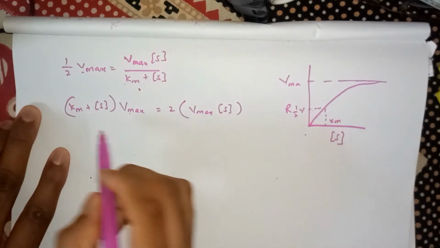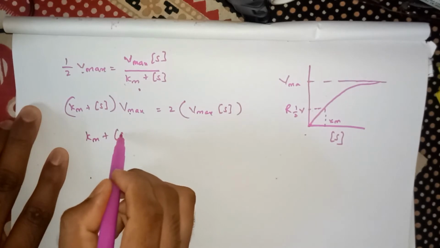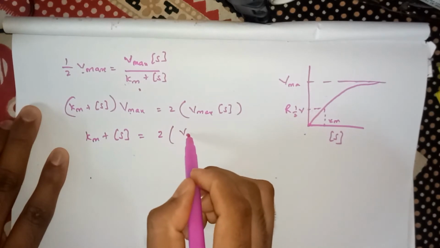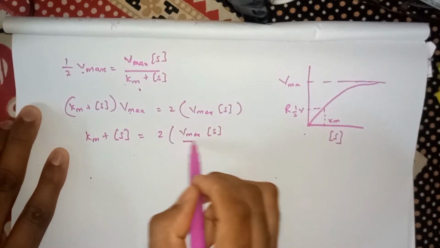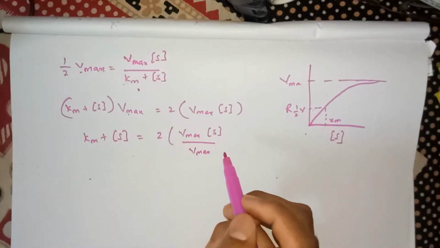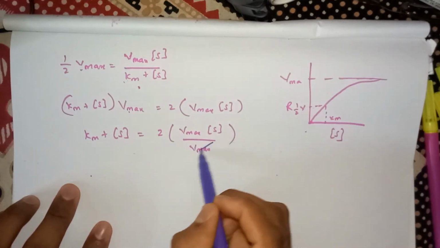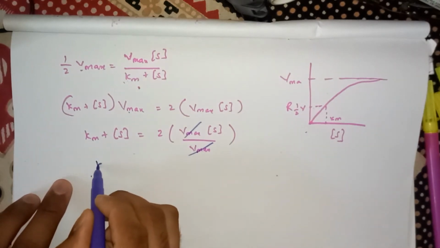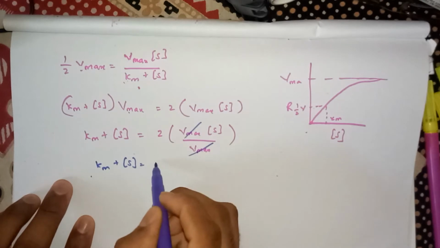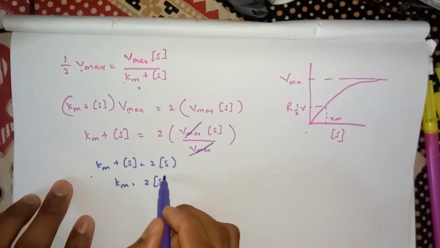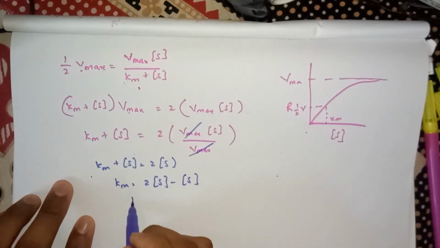Now I'll take Vmax here, so Km plus S is equal to 2 into Vmax into S by Vmax. This Vmax and Vmax can be cancelled, right? Now what will be the remaining? Km plus S is equal to 2S. So Km is equal to 2S minus S, which means Km is equal to S.